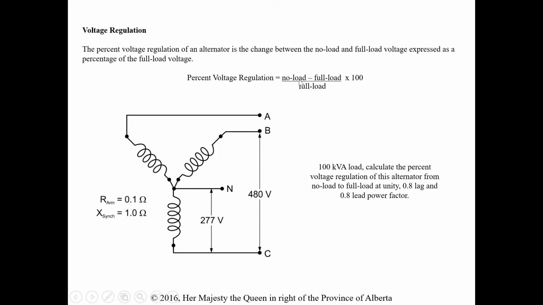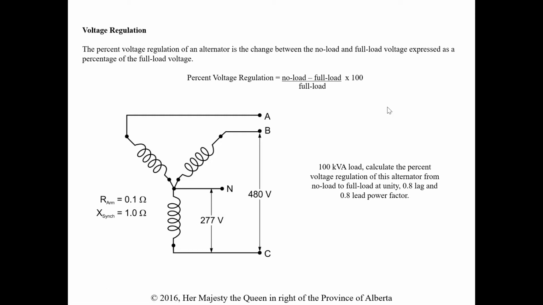No load is where we have literally no load hooked up, so our E-gen would be equal to our terminal voltage. Full load is going to be when it's loaded to the rated current. Then we find the difference between those two, divide by full load, and we get our percent.